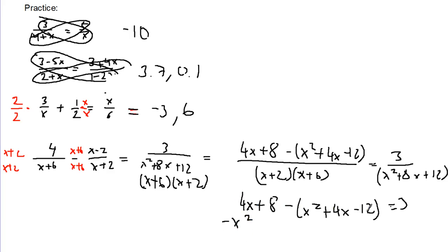And then 4x minus 4x eliminates x, that's plus 20, is equal to 3. So subtract 20 on both sides. You will get negative x squared is equal to negative 17. So x squared is equal to positive 17. So x is equal to plus or minus the square root of 17. And I'm pretty sure the square root of 17 doesn't make any of these 0, so they are both valid answers.